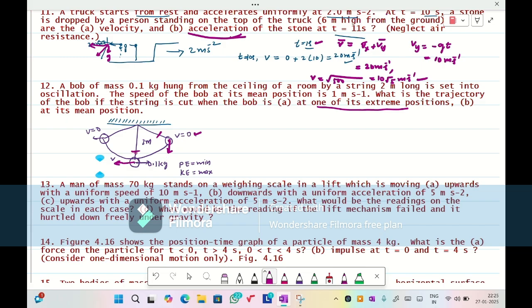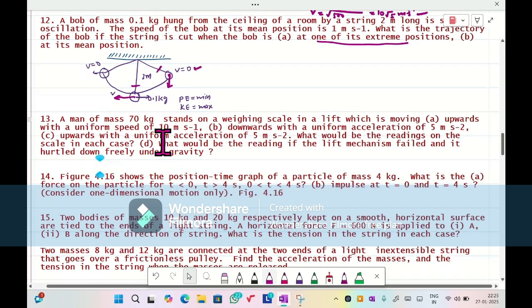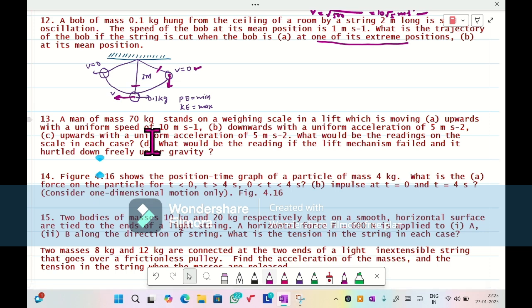At the mean position, if we cut the string, it will fly off along the tangential direction due to inertia of direction. And at the extreme position, because the velocity is 0, it falls freely due to inertia of rest. Maybe tomorrow they can ask why it is falling down, which type of inertia is involved there?